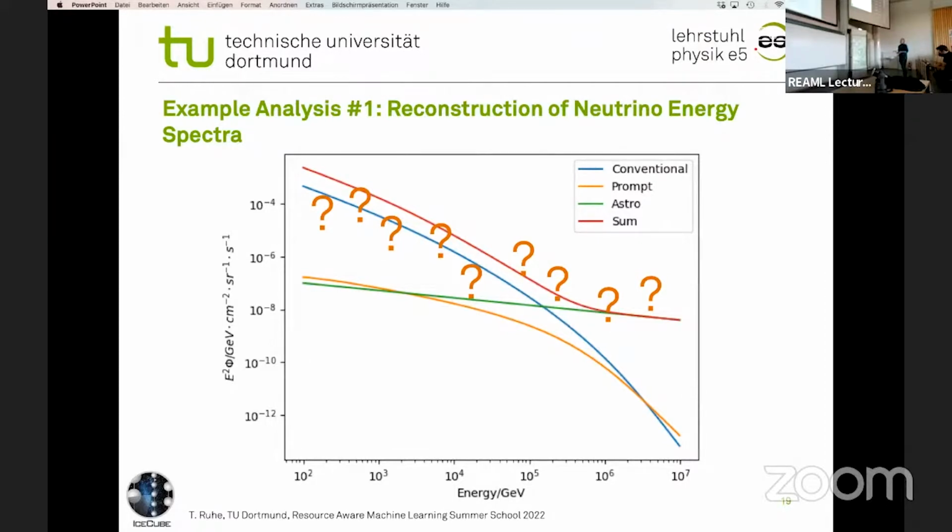Okay. And well, the red line is the most important one. That is the sum of all the other components. And there are several theoretical models that predict how this flux should look. And then the task of the analyzer is to just find some data points to put somewhere here and to actually measure something and then constrain models and so on.